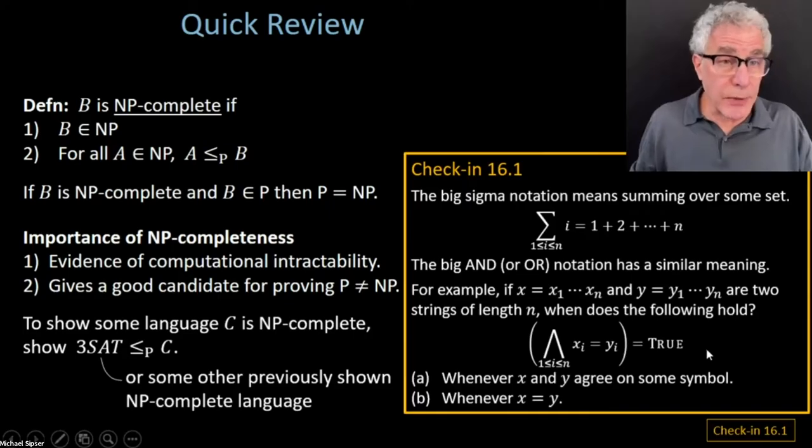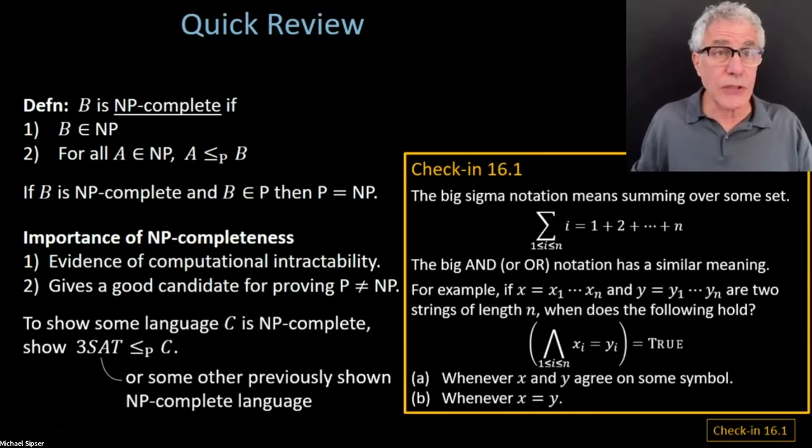Just as an example, to make sure we're all understanding this notation, suppose you have two strings, x and y, written out in terms of their individual symbols, so they're both of length n: x is x1 to xn, and y is y1 to yn. Now I write the following expression, the big AND for i ranging between 1 and n of xi equal to yi.